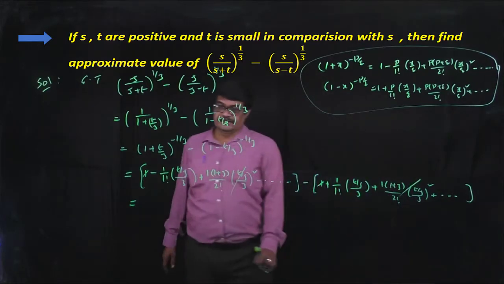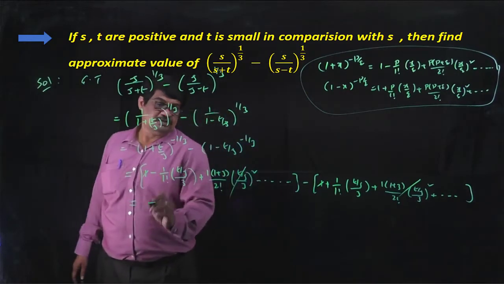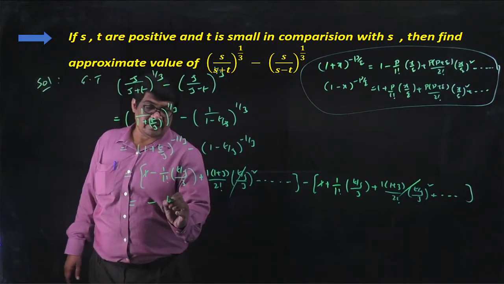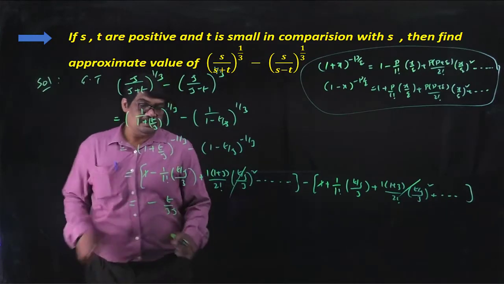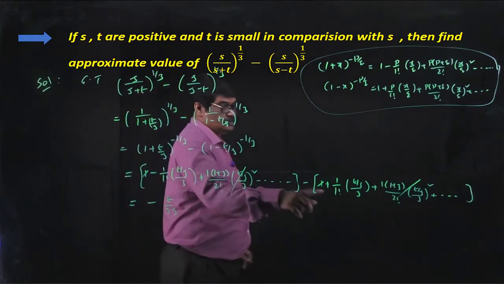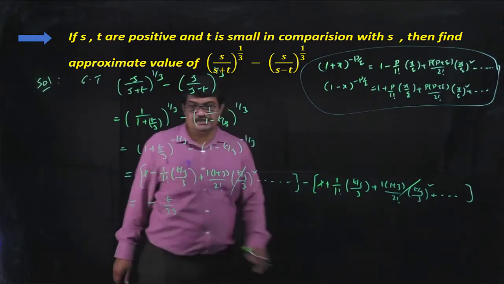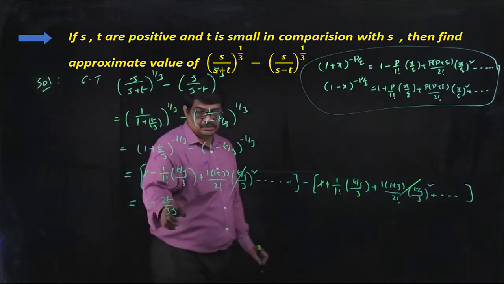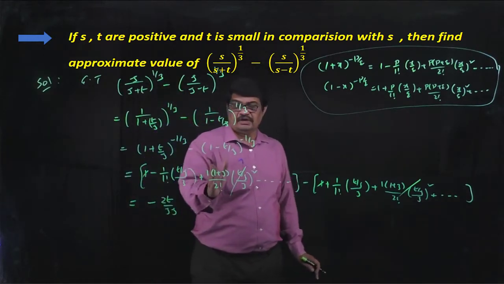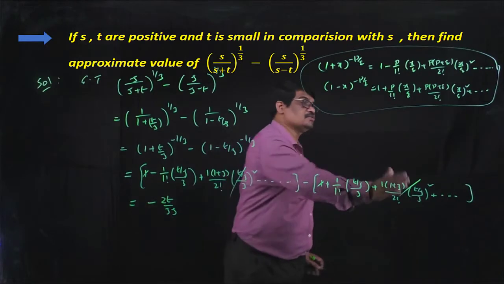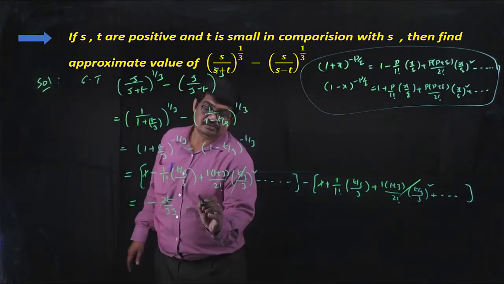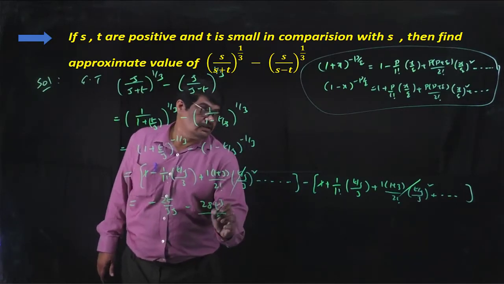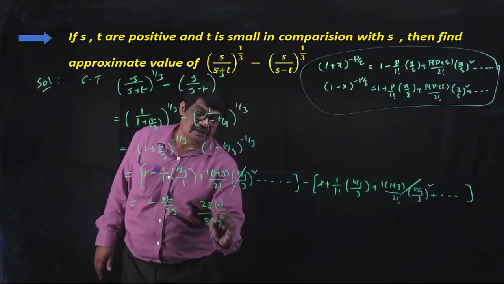Now we are getting here minus of these two terms, which are the same. Here t by 3s, here t by 3s, here also minus t by 3s, that is 2 times, 2t by 3s. Now after these two terms we are getting the value, that is 28 t cube by 81 s cube.